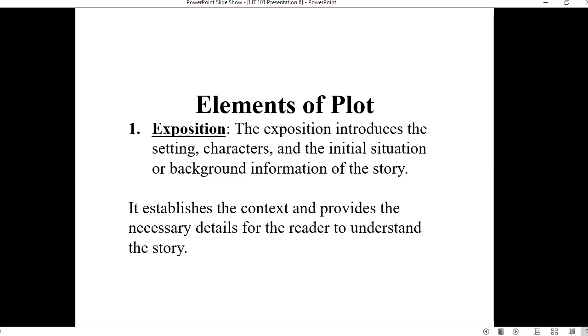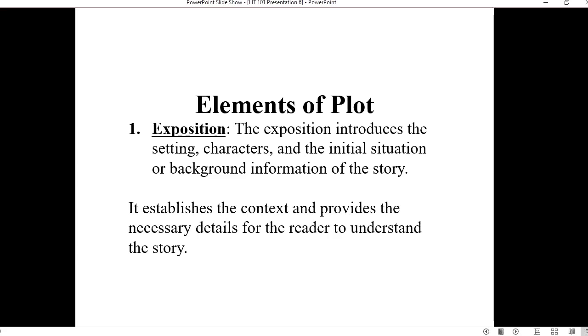So the part of the plot called exposition is very important because it will establish the context and provide necessary details for you to understand the story. All other things that will happen thereafter, you will have got some knowledge, some information about them at the beginning of the story.